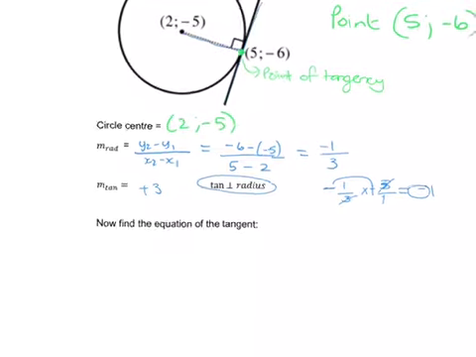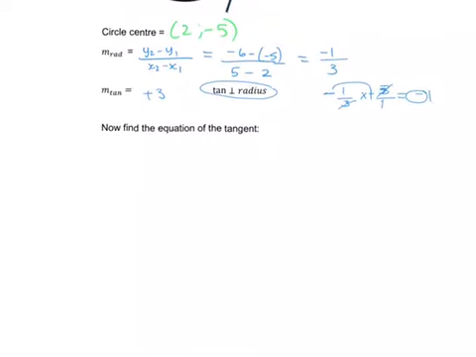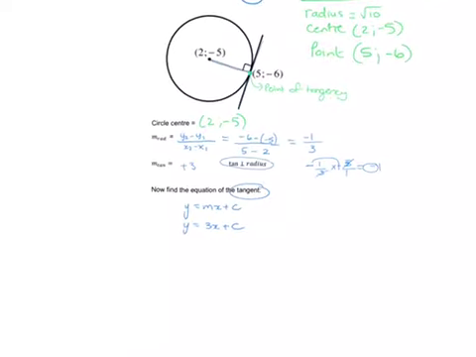So now find the equation. Again, I'm going to use y equals mx plus c, but you are more than welcome to use the longer formula that is in your textbook on page 207. So y is equal to mx plus c. Now remember, this is the tangent, so y is equal to 3x plus c. Once you have y, x, and another letter, you substitute a point.